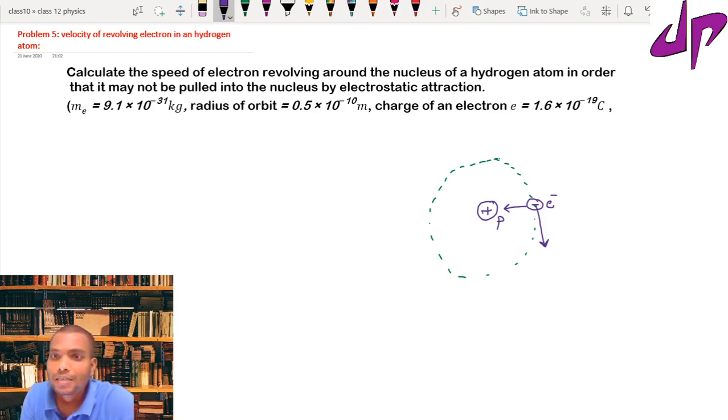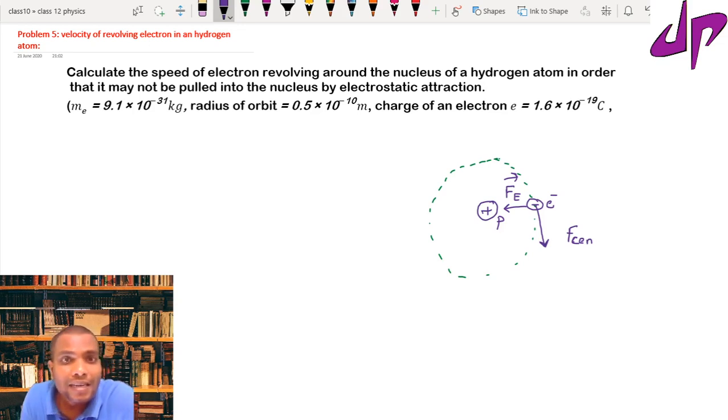So there is a centripetal force between the proton and the electron in a hydrogen atom, and there is an electrostatic force. Since these two forces are equal, that's why the electron is not collapsing in the nucleus.